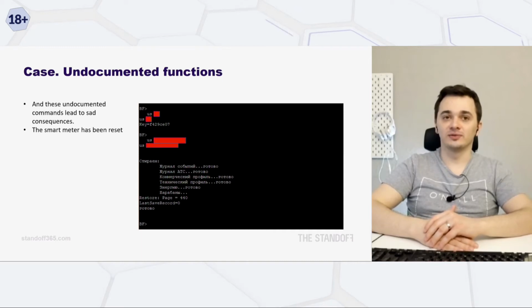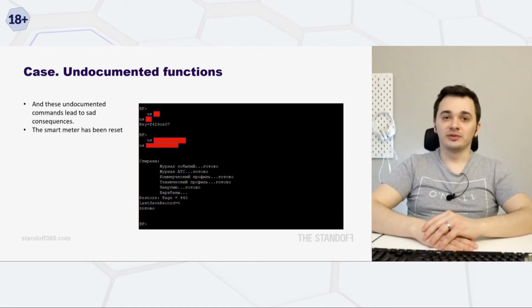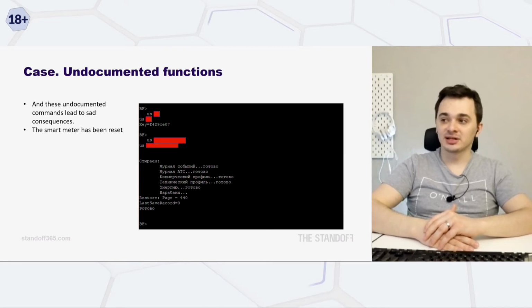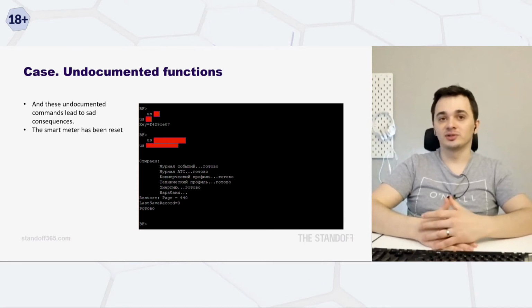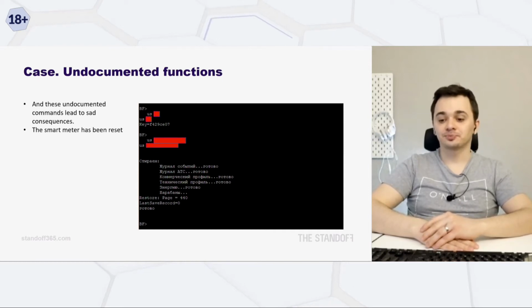So if you respond to this challenge with the right response, the one expected by the meter, the event log will be wiped together with all the settings and configs, and together with the information about total electricity consumption. That is, you revert it to near new state.